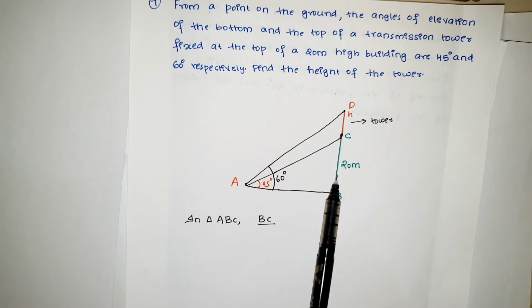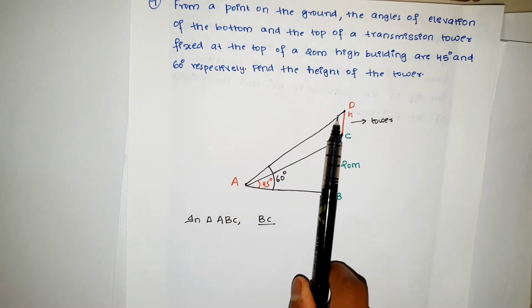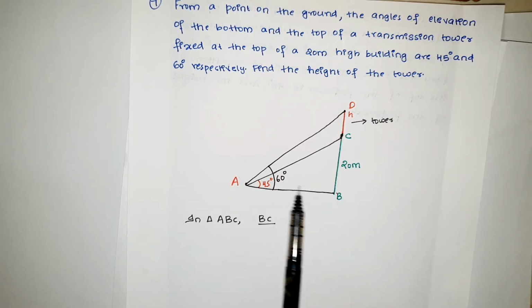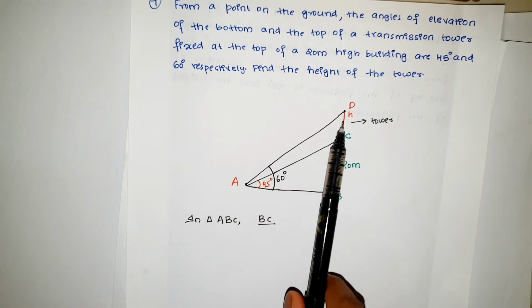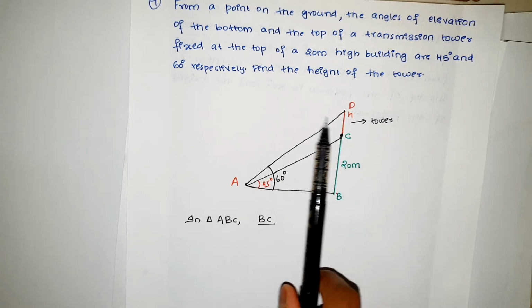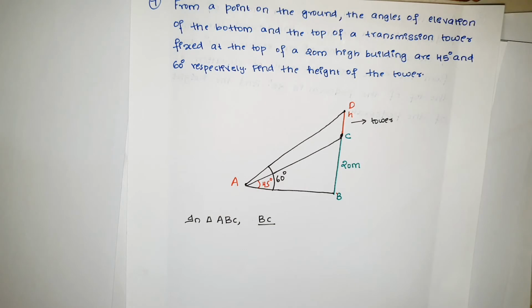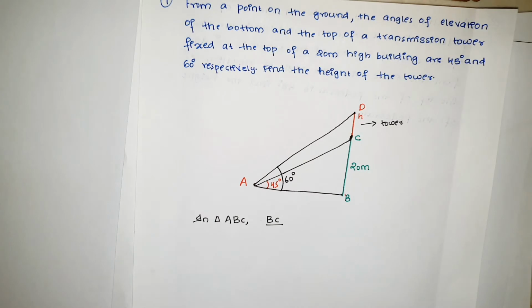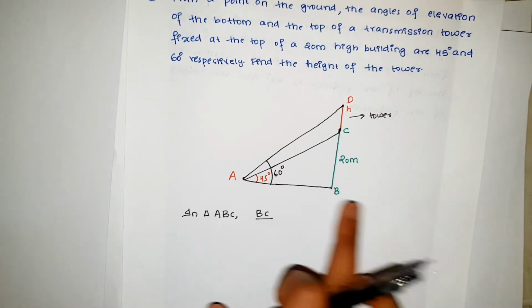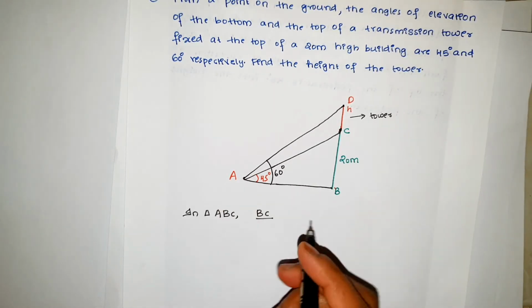We have only this side. When we take the second triangle, we have no other sides given in the question. So first we can find the base out of this triangle, and this base will be common to the second triangle also. That's why we are taking the base to find the base.